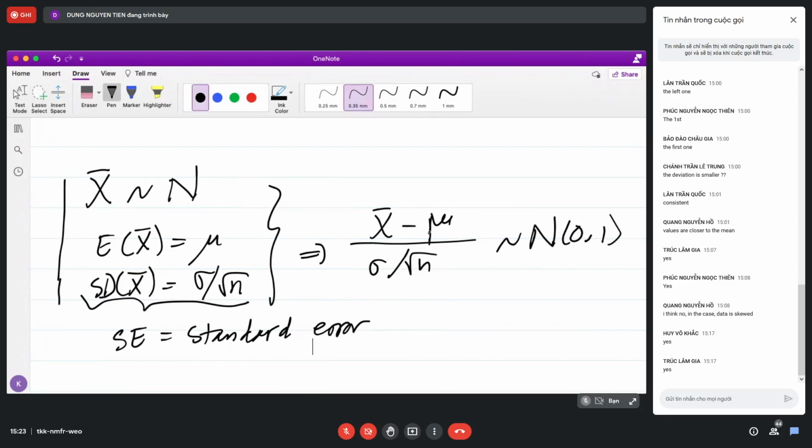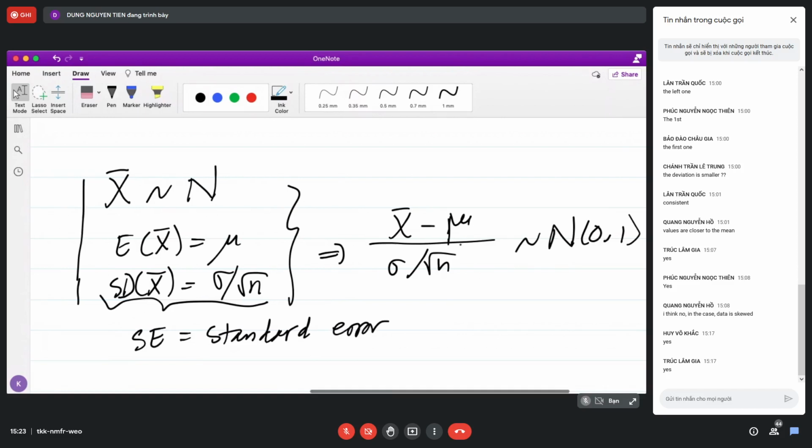So you have this ratio, the distribution of the ratio, all right? And then you can come up with the probability that X bar minus mu over sigma over the square root of n is less than epsilon over sigma over the square root of n, okay?